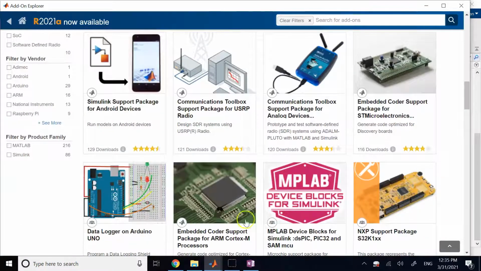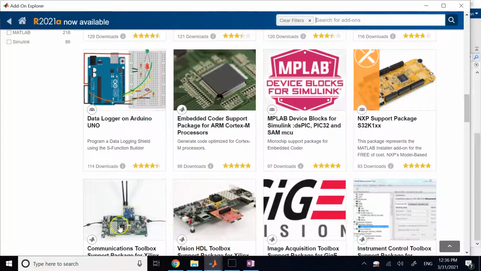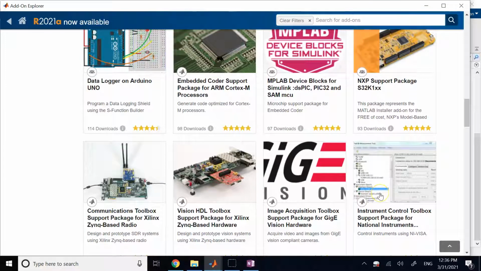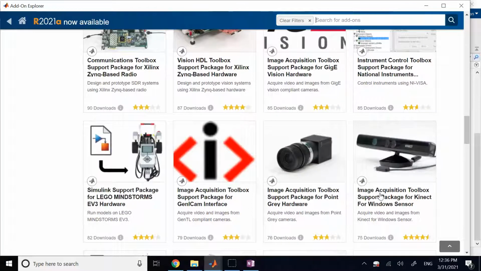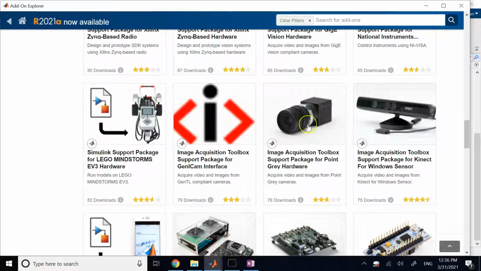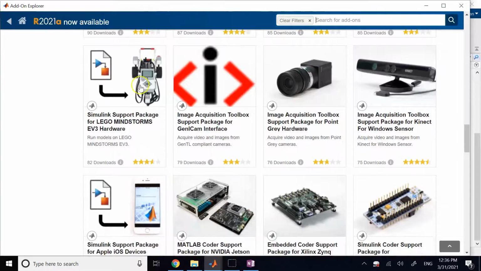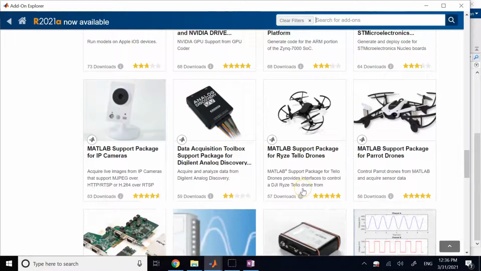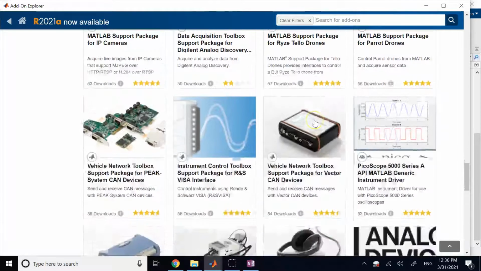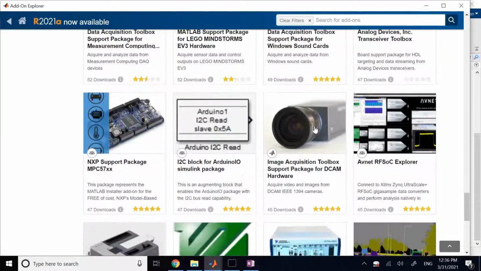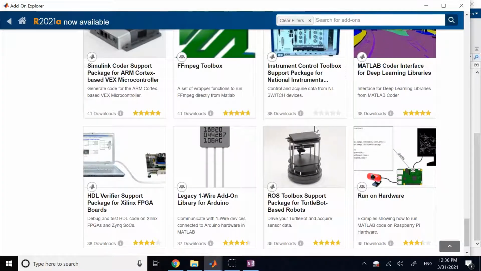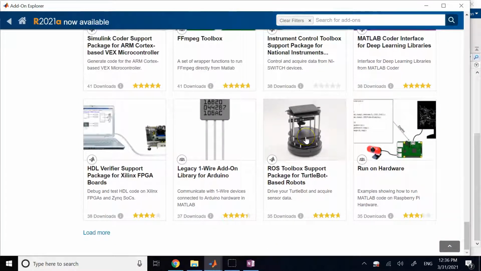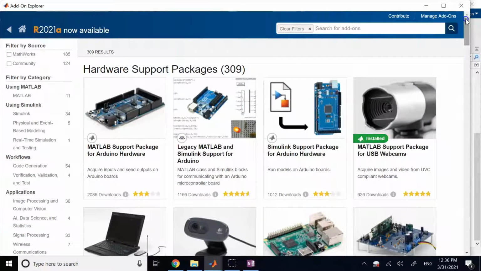So there are a bunch of different hardware now at this point that MATLAB can directly work with, read and write to them and get the stuff to work. Connect, right? Different cameras, as I said, Lego EV3s, and so on and so forth. You directly code them from MATLAB. You see some different drones. You directly program them in MATLAB. So there are too many hardware these days that work with MATLAB. Turtle robots. And you can directly compile your Simulink code into C and put it on those hardware to work.